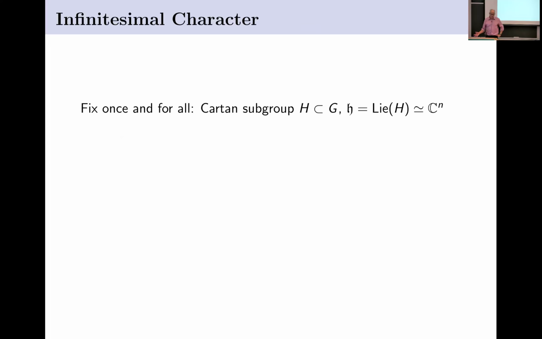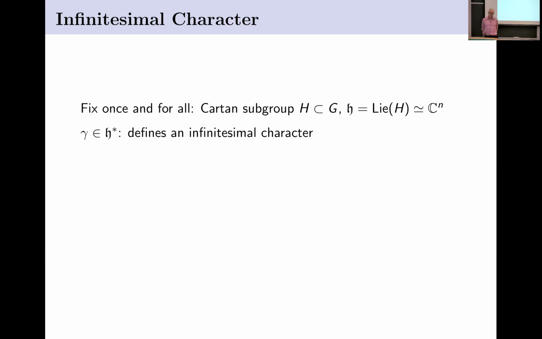And once and for all, we're going to fix a Cartan subgroup H of our complex group with Lie algebra h. This is a little bit of a point of view picture. You think of real groups or p-adic groups as having lots of different Cartan subgroups. Well, there's really only one, and fix it from the get-go.